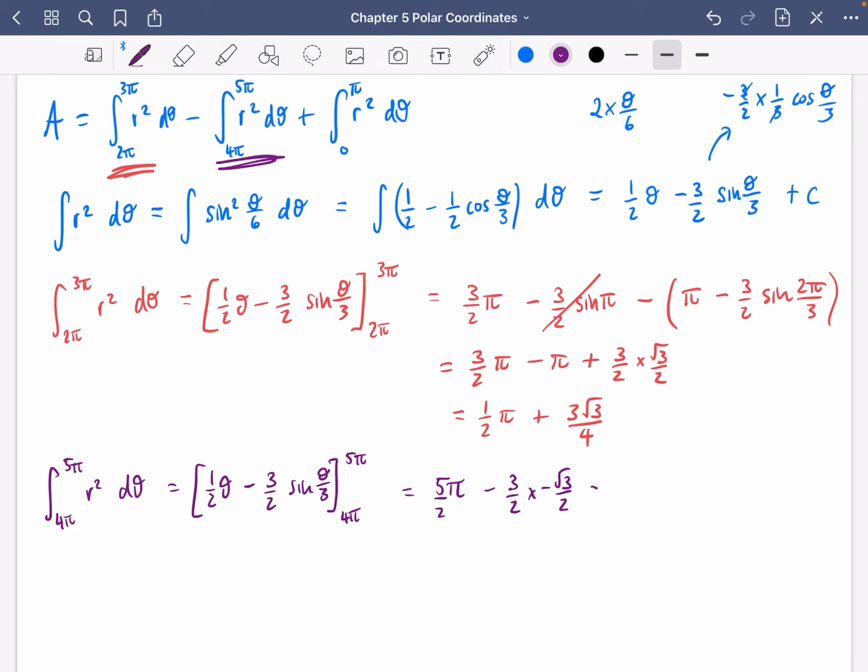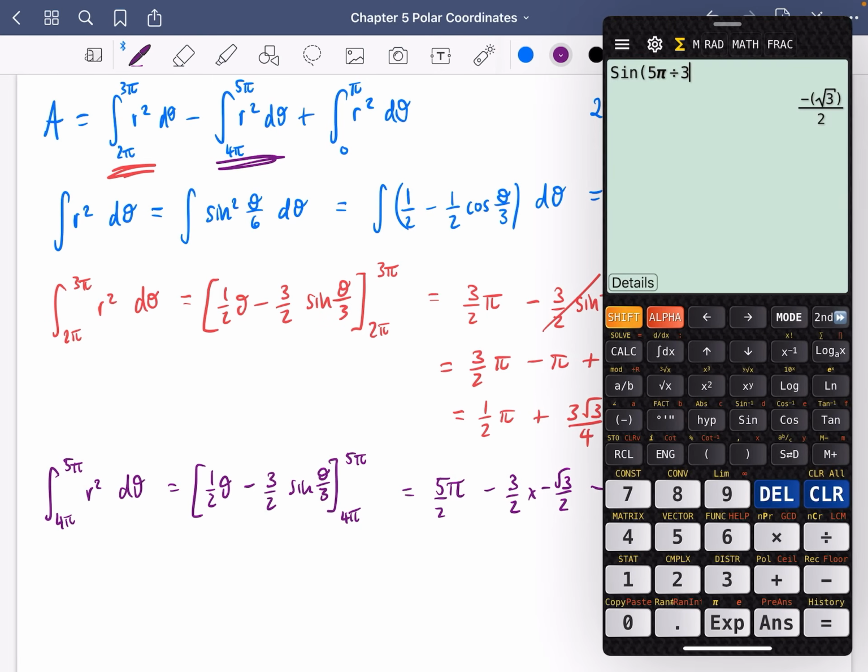Then I'm going to be subtracting from this, putting in 4 pi. Well, a half of 4 pi is 2 pi. And then I'm going to do minus 3 over 2 multiplied by the sine of 4 pi over 3, which is minus root 3 over 2.